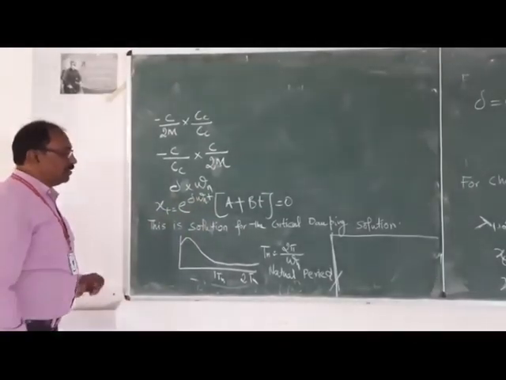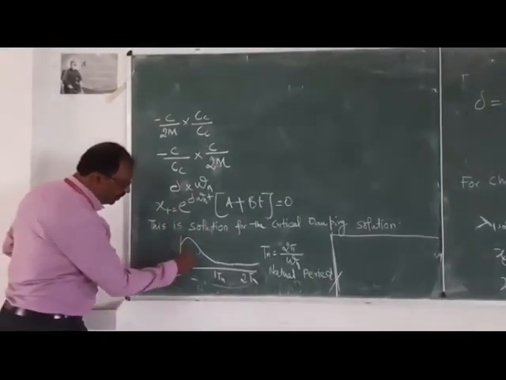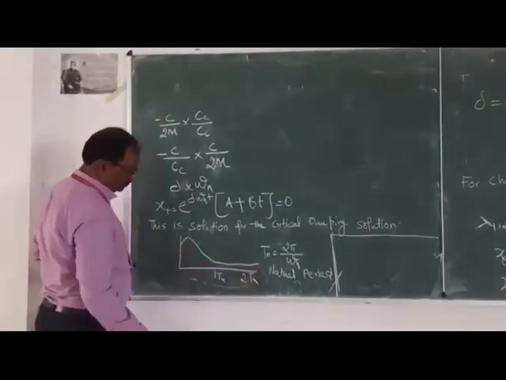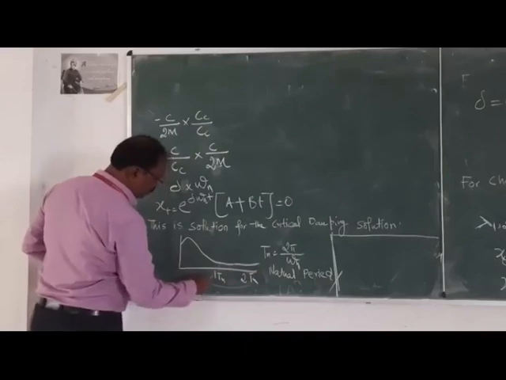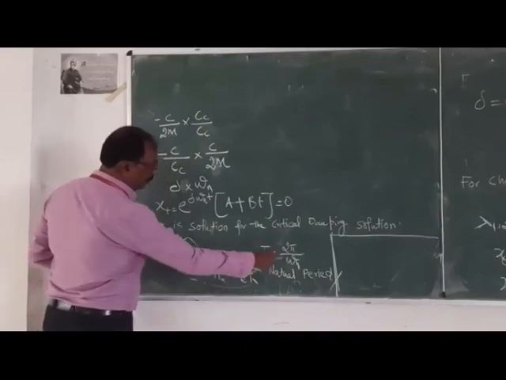With critical damping, the response slowly decreases to 0. First, Tn, T suffix n, is the natural period, 2 pi by omega n.